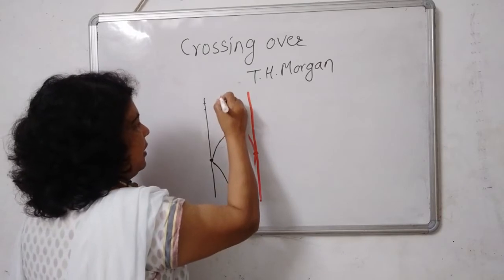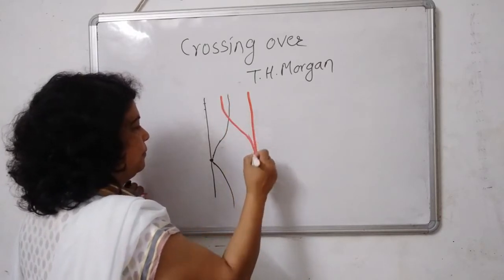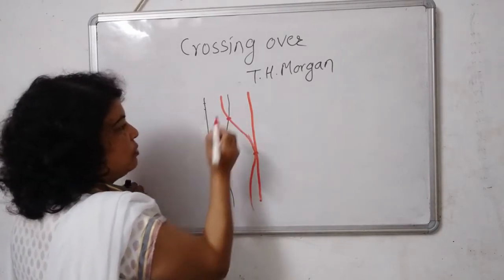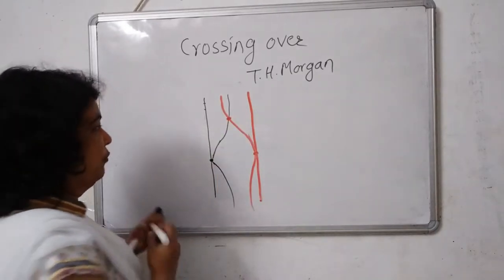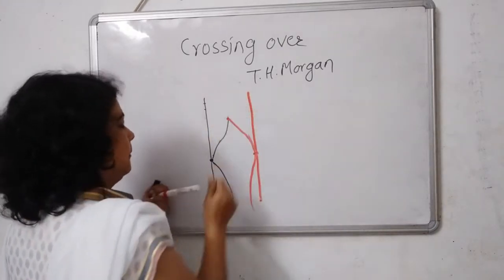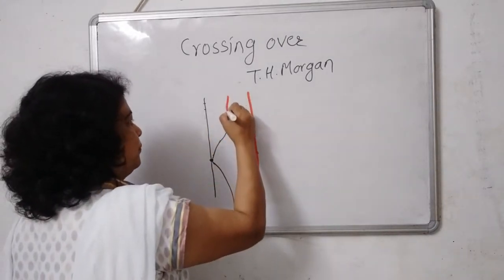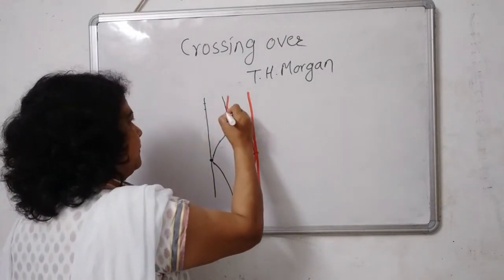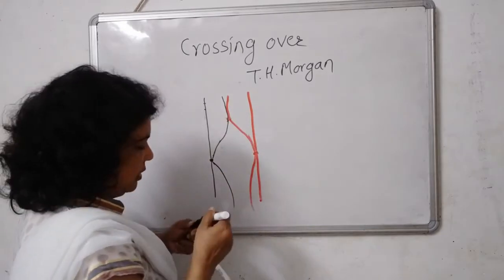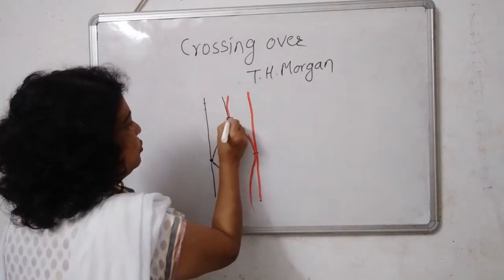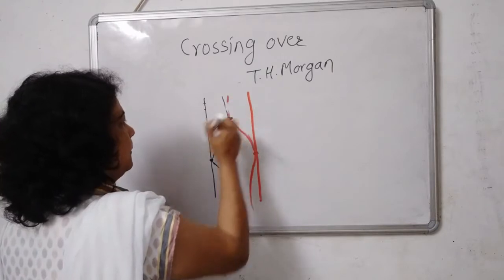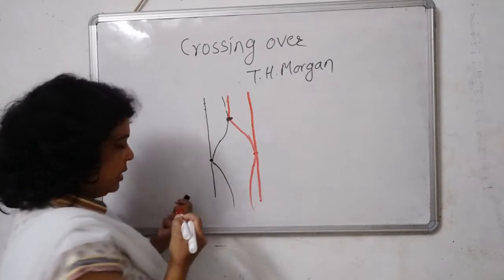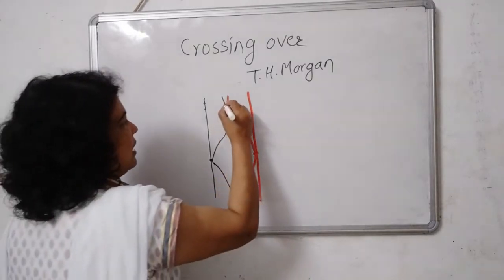The point where these two chromosomes unite is known as the chiasma.